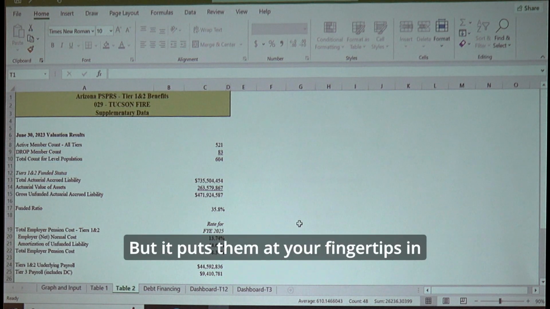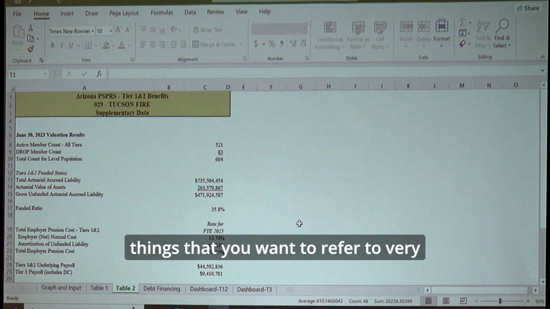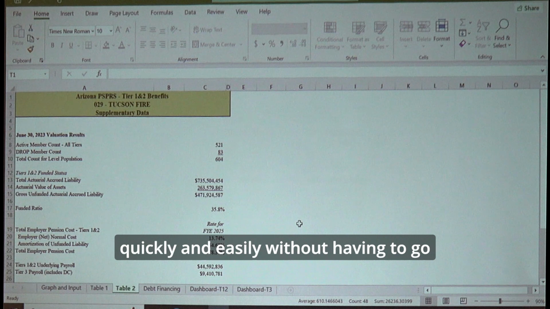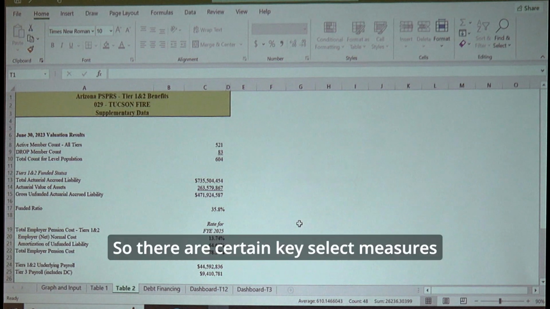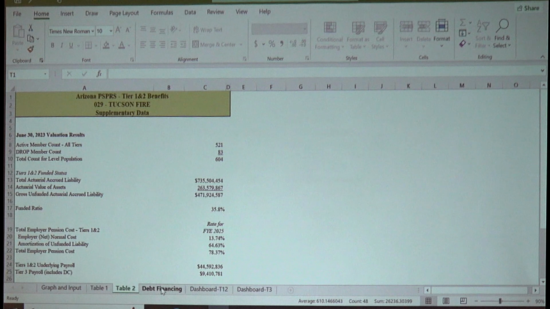But it puts them at your fingertips in the modeler because these are sometimes things that you want to refer to very quickly and easily without having to go back and pull up your actuarial valuation. So there are certain key select measures from excerpts from that actuarial valuation there.